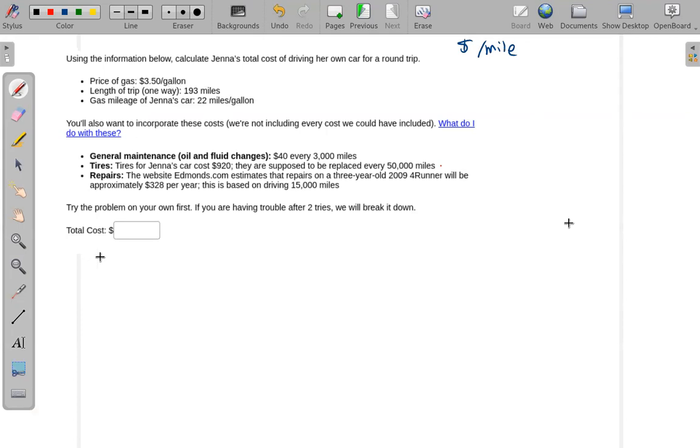So coming down here, we're going to have gas to consider. And the cost per mile of gas, we've done that before. That's the dollars per gallon times the gallons per mile. So we've done that several times now.